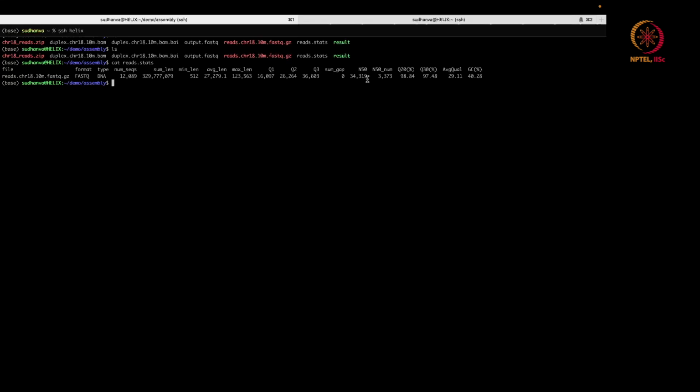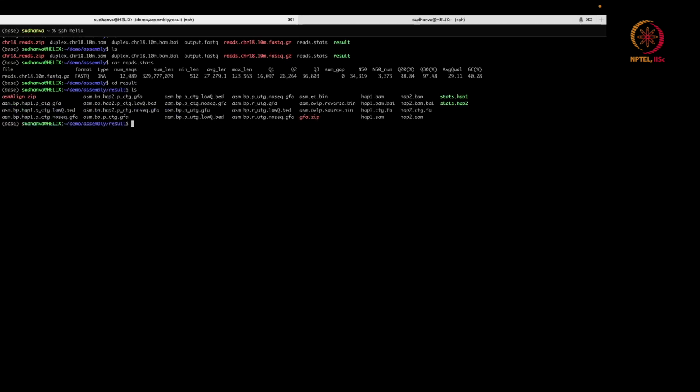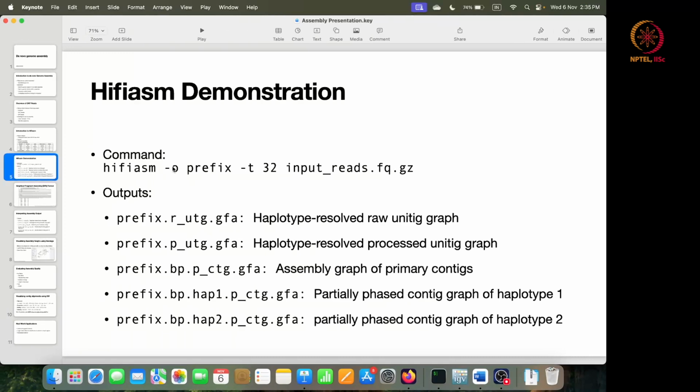So now that we have these statistics, let us assemble these reads. I have already generated one assembly of these reads over here, and I will show you how to run the assembly using Hi-Fi ASM. The command used to generate the assembly has these components.